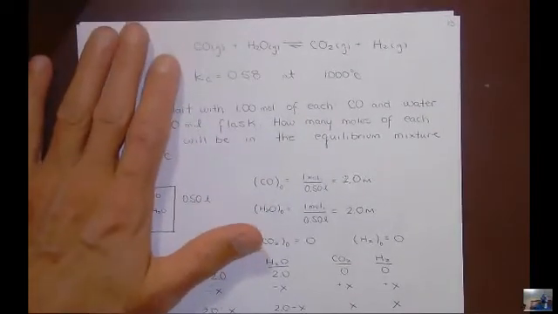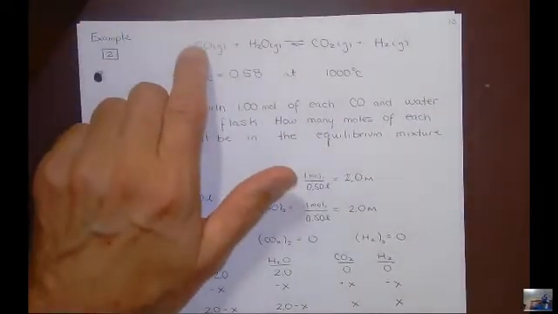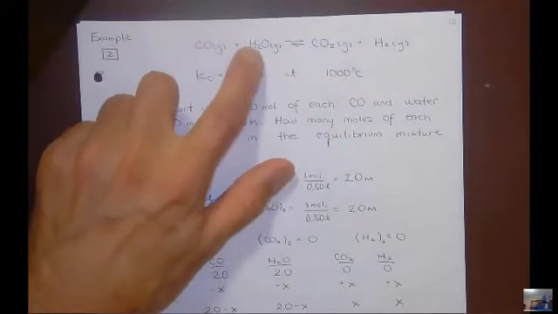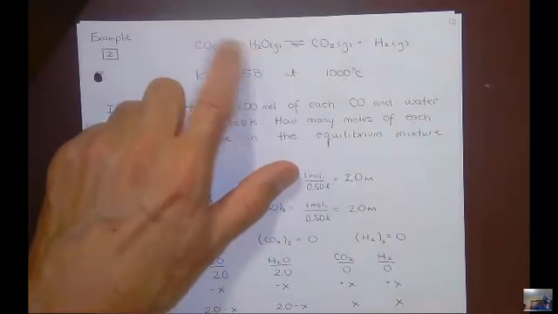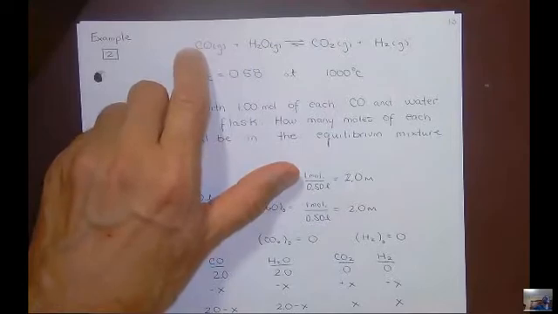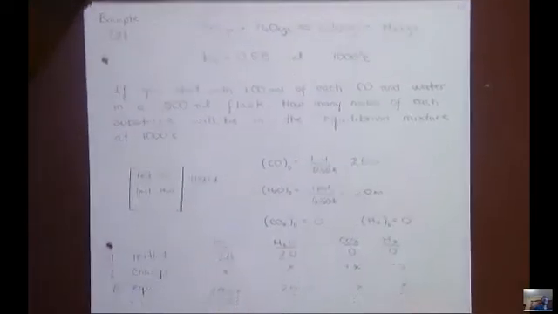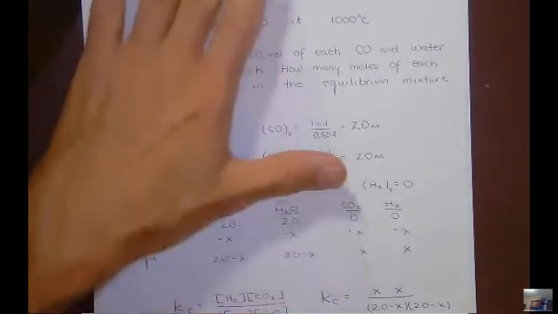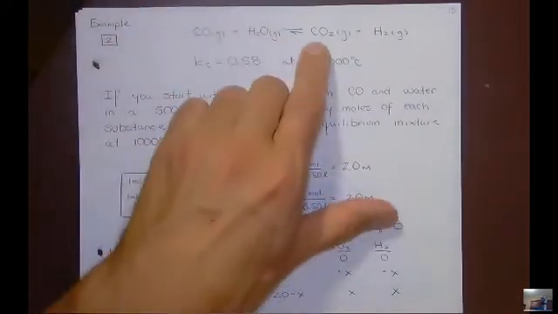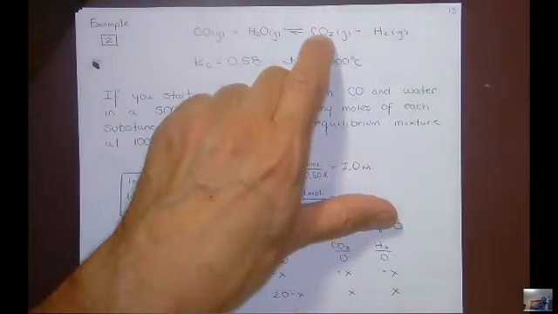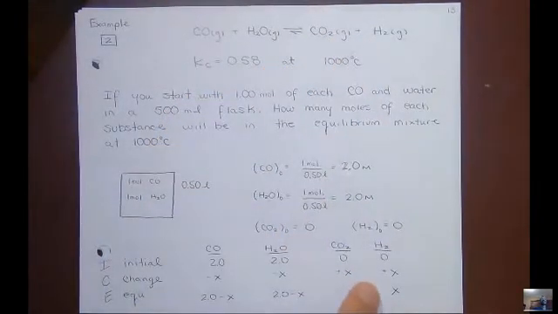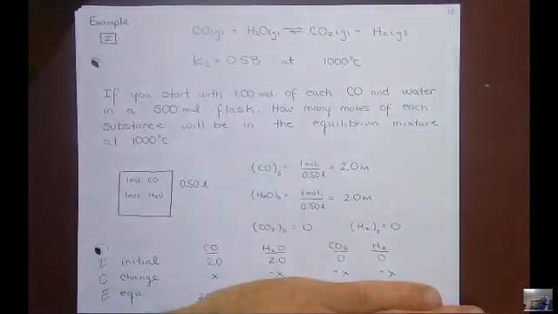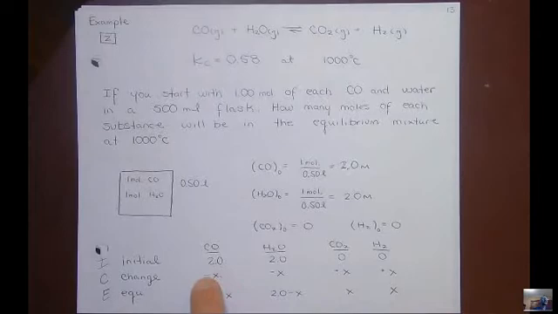Now, based on the stoichiometry, I have to be careful. If this guy is going to go down by x, this guy's also going to go down by x, because for every one of these that reacts, one of these also reacts. So how much does it change? This guy goes down by x, this guy goes down by x. Okay, let's look at the products. This one over here is going to go up by x and up by x, so they have positives. In this change column, the reactants will always be negative, the products will be positive.